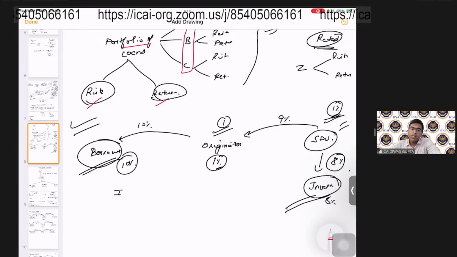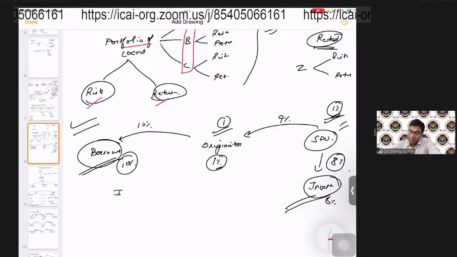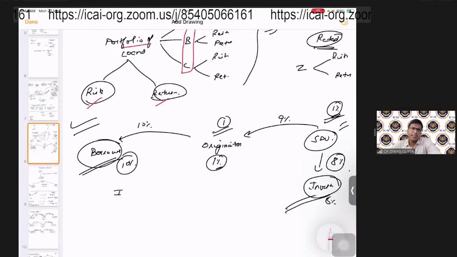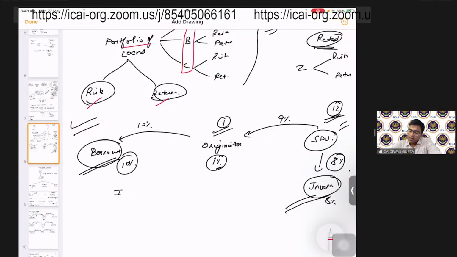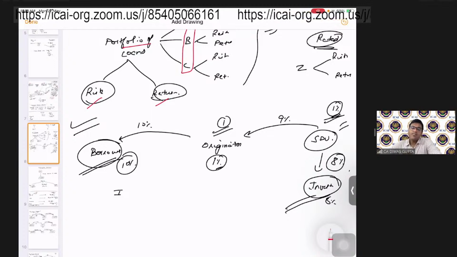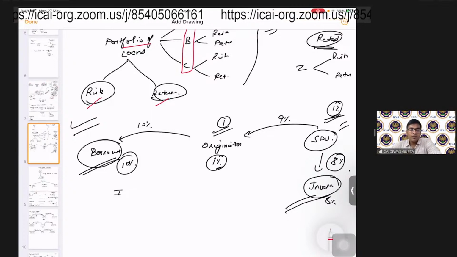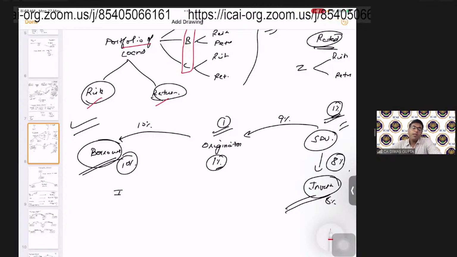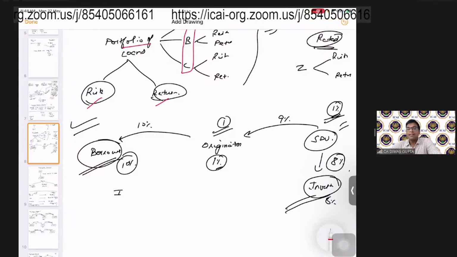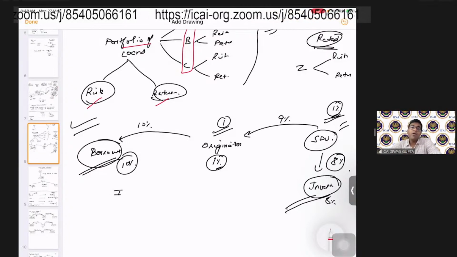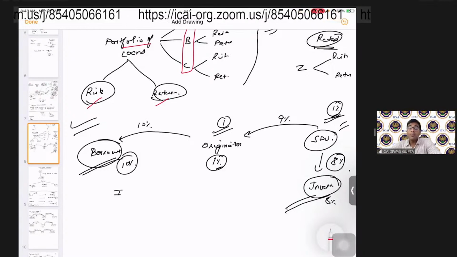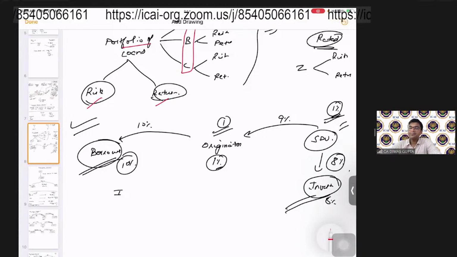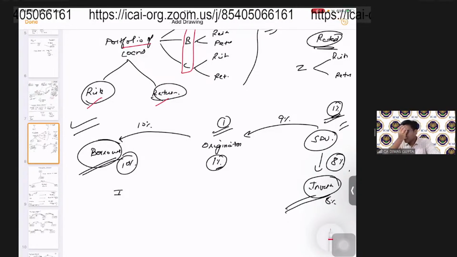So let's say borrower is supposed to pay to originator 10%. I'm talking about, let's say, interest. Now, what originator will pay to SPV is only 9%. 1% originator will keep with themselves. Then SPV will pay to investors around 8%. So 1% SPV will keep to manage the fund expenses that they are incurring, students. Correct?